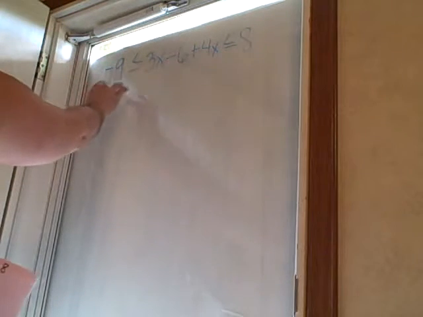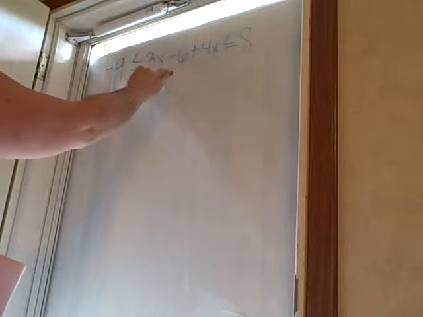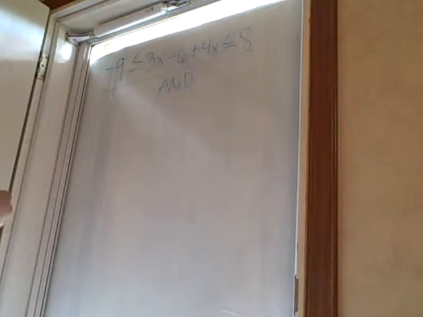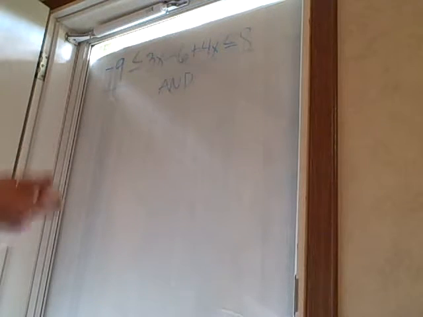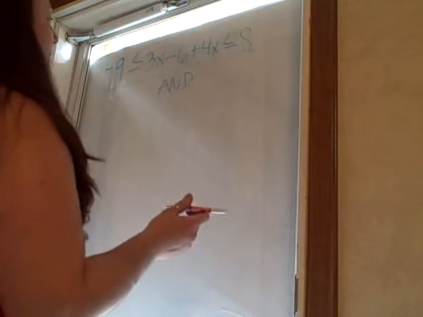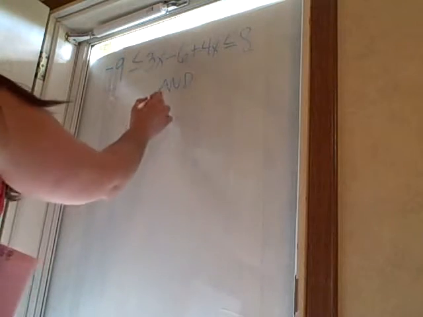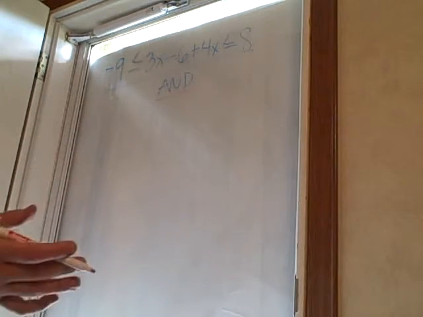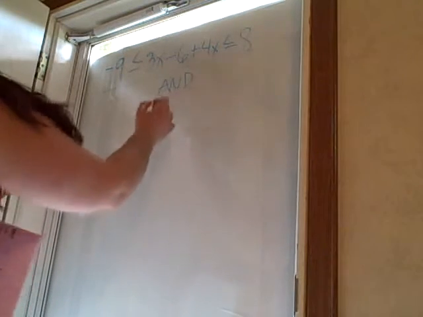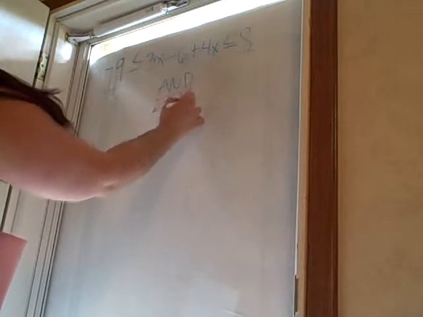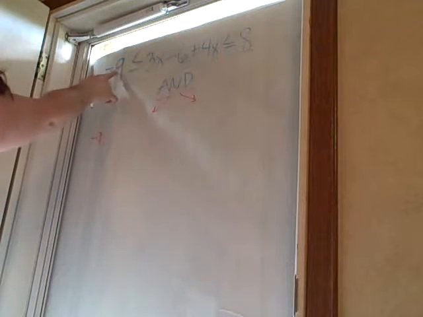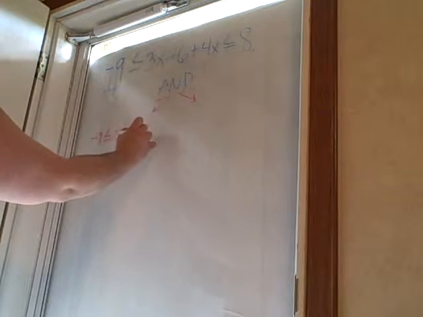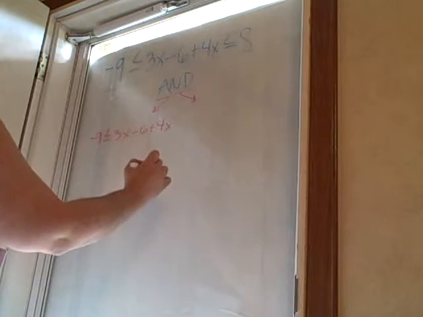What we can do that involves this word and is separate it. We can write this as two different inequalities. And instead of having the word or, it would be the word and. I'll show you how to rewrite it, but we won't be doing this in future. What we do is we set up the first one, negative 9 less than or equal to 3x minus 6 plus 4x.